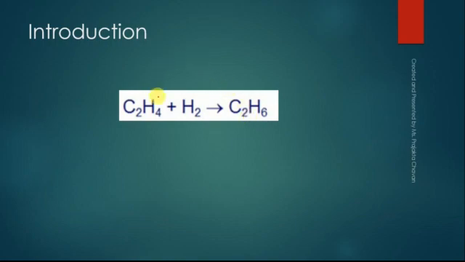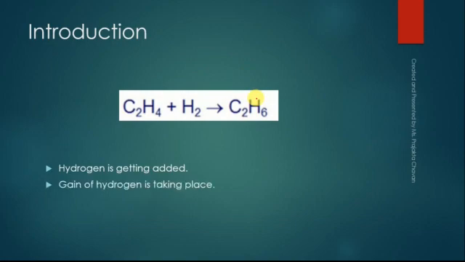So in this equation, this is ethene reacting with hydrogen to form ethane. Students, ethene and ethane are carbon compounds and in more detail we will be learning in chapter 4. So in this equation, hydrogen is getting added to ethene and it is getting converted to ethane.